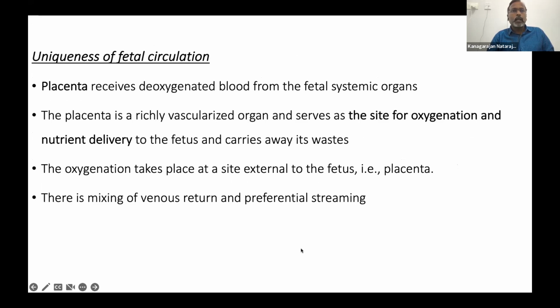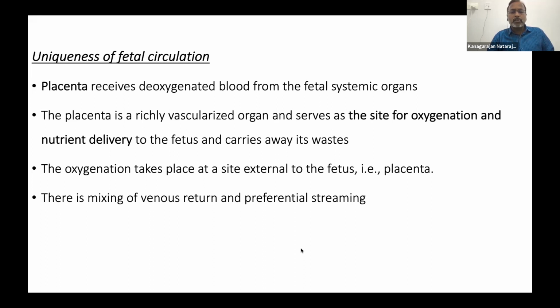Before going to the actual anatomy of the fetal circulation, let us look into some of the unique features. First and foremost, the placenta receives the deoxygenated blood from the fetal systemic organs. We know how that differs from the normal circulation.